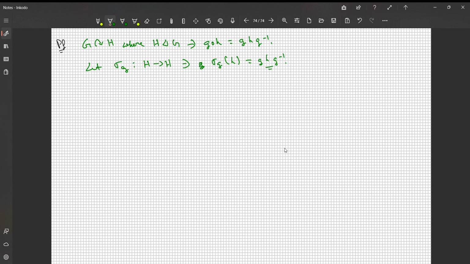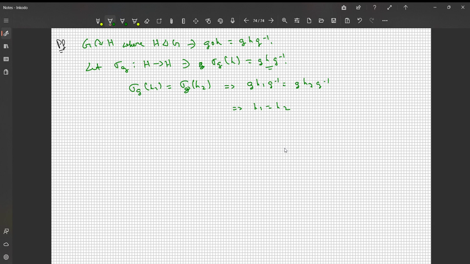Further, if sigma g of h1 equals sigma g of h2, then g h1 g inverse equals g h2 g inverse, and this means h1 equals h2 by left and right cancellation.